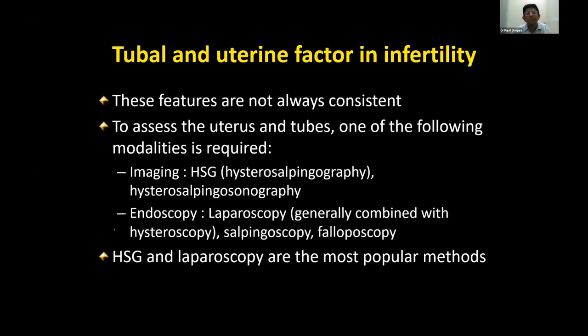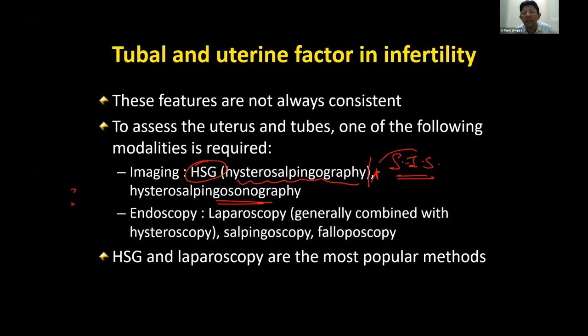Okay. So to assess the uterus and the tubes, what are the options? The main thing is HSG, which is our hysterosalpingography. We also have sonography, in which we infuse saline. So that would be called SIS. What is SIS?